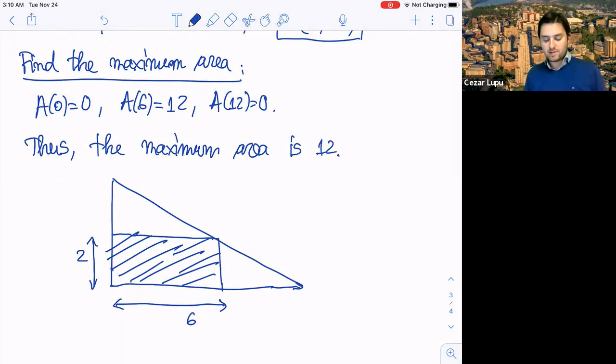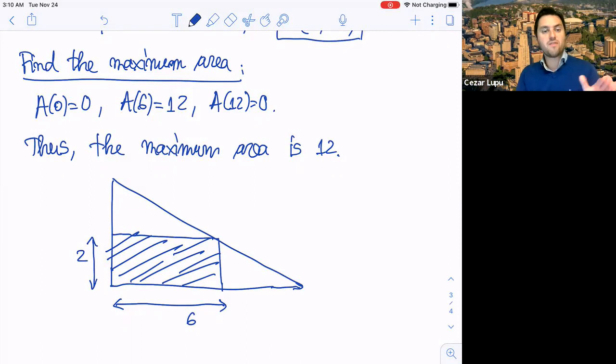Now let me recall how we find the absolute maximum. First, we need to find the critical numbers. Secondly, we have to identify the endpoints of the domain, as you have seen here in the case of this function. The endpoints are 0 and 12.